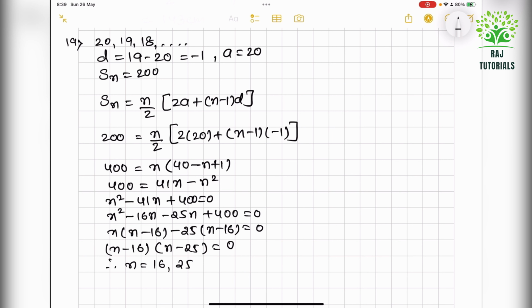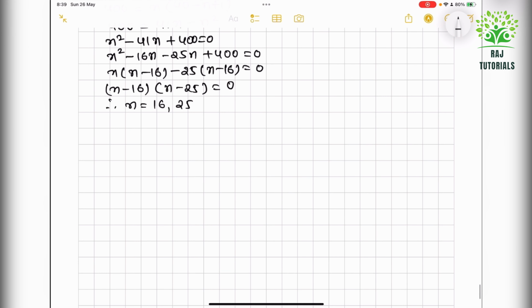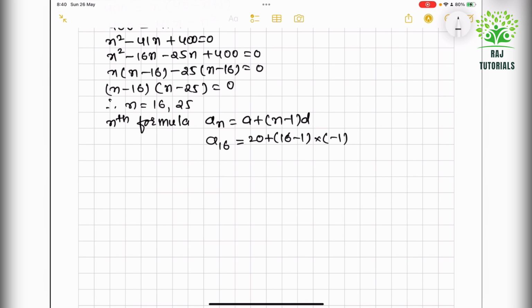Now I have to check the answer. So the nth term formula, that is an equals a plus (n minus 1) d. a16 equals 20 plus 16 minus 1 into d. d was minus 1, so that is 20 plus 15 into minus 1, so 20 minus 15, so 5.